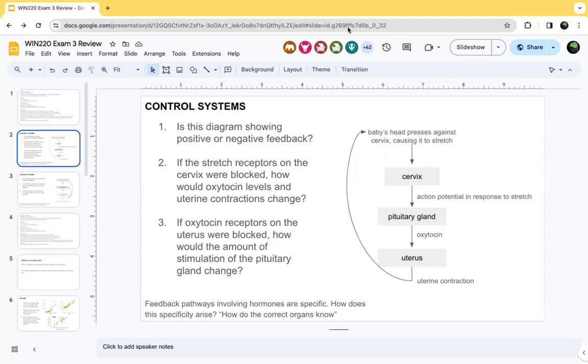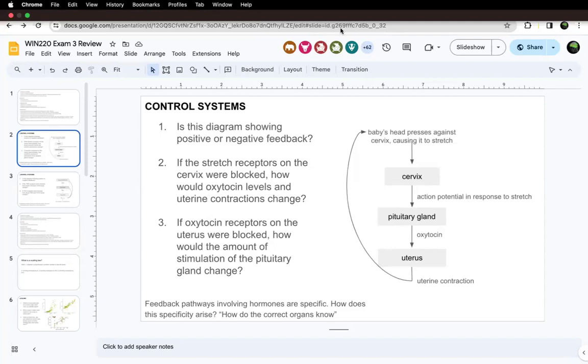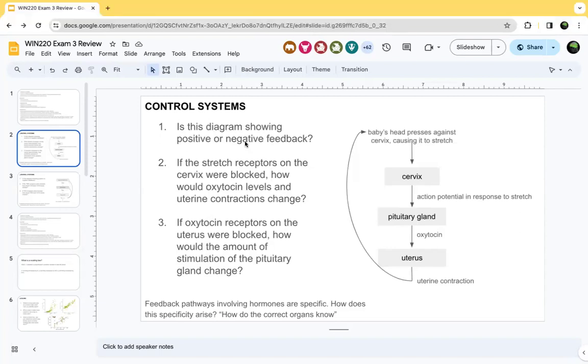Another example question would be if oxytocin receptors on the uterus were blocked, how would the amount of stimulation of the pituitary gland change? So if you block the oxytocin receptors, which you should recognize as being on the uterus, then you wouldn't get contractions, you would get less pressing against the cervix, less action potentials, and therefore less stimulation of the pituitary gland.